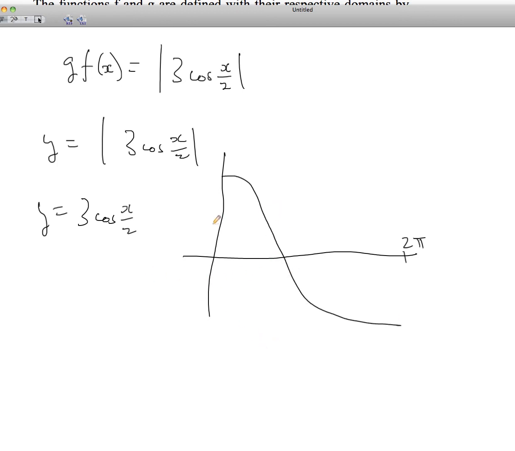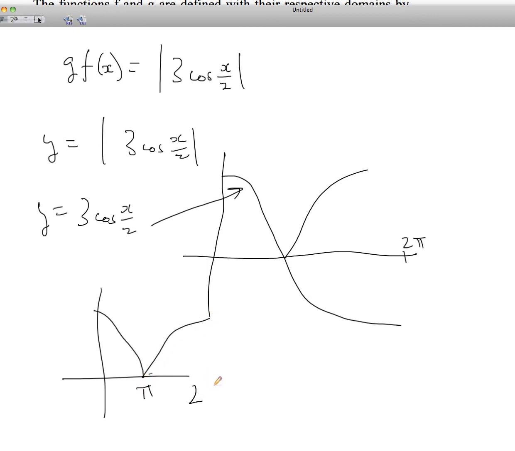Now, that's that graph there. The effect of the absolute values is to make it come up like that. So the answer is down like that to pi, and then up again to 2 pi. So that's the answer there.